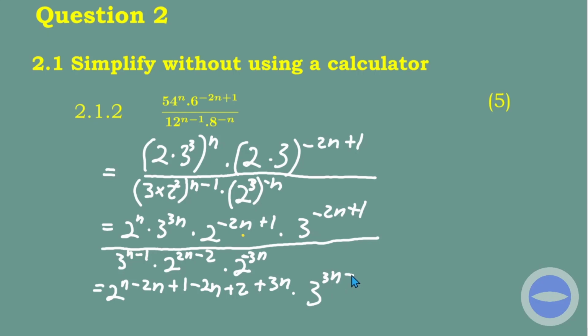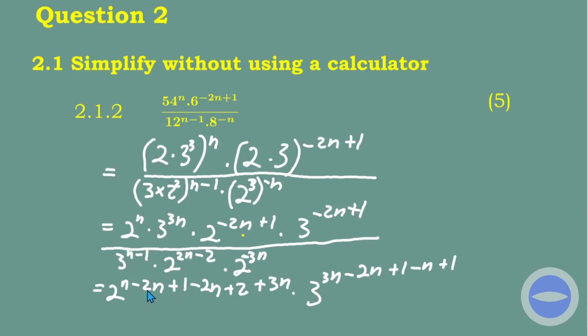This one, because they are in the numerators, they won't change signs. So 2n plus 1, and then underneath I have n minus 1, so it's going to make minus n plus 1. Then now I will add the same terms.